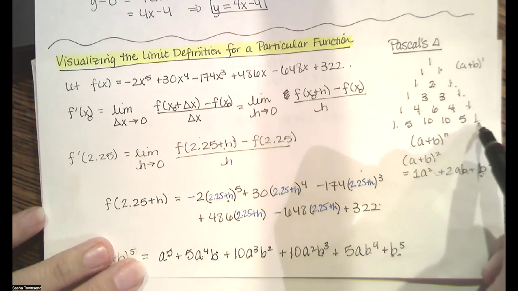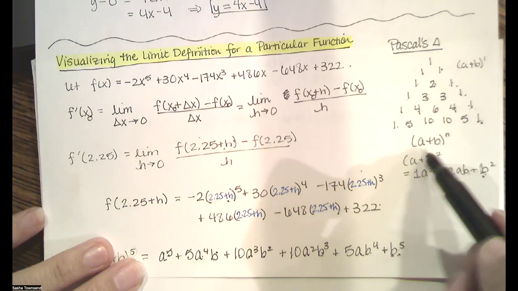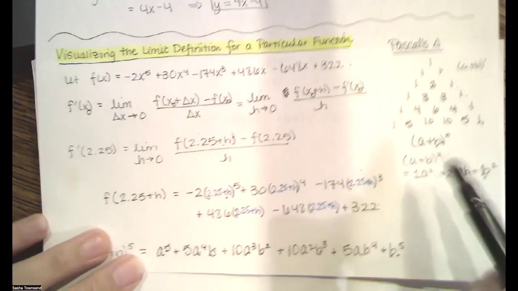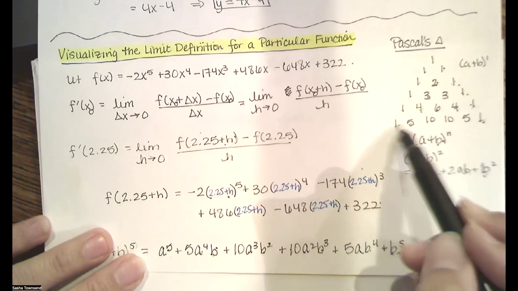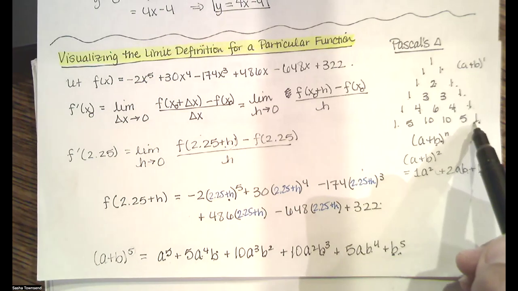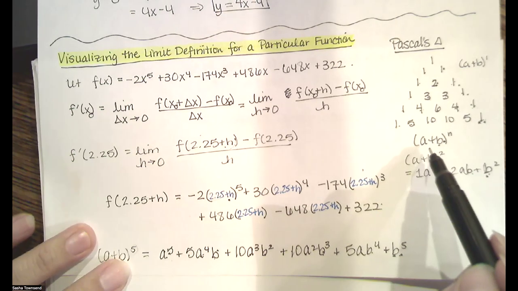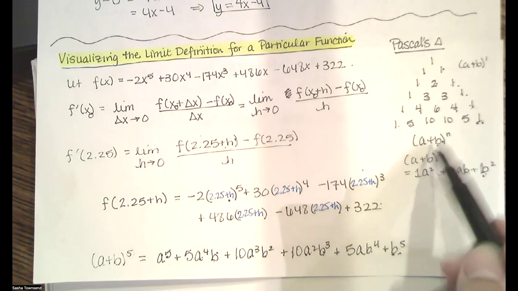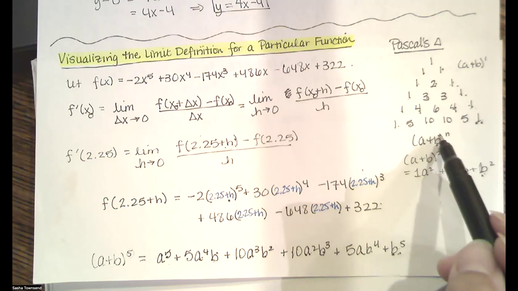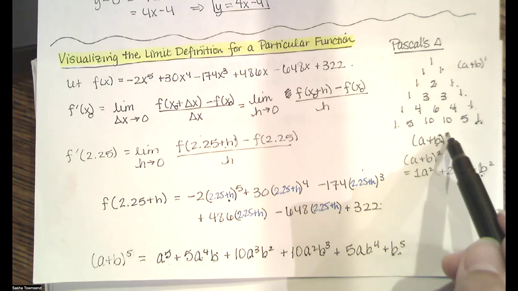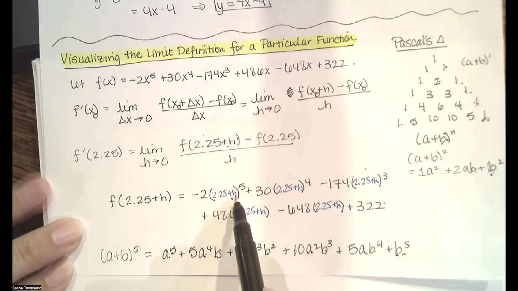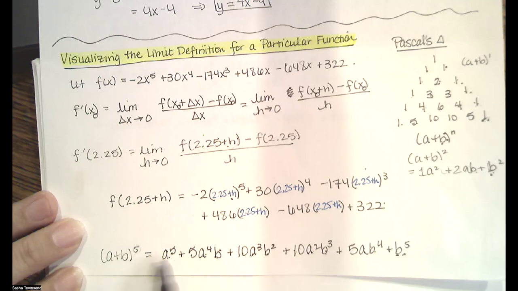Now, these are the coefficients of a plus b raised to the n power. Those coefficients multiply two factors, which is a to some power times b to some power, and those powers add together to give us that exponent right there. So if I'm looking at a plus b to the fifth, which is what I'll be evaluating right here, basically my first term just has an a to the fifth times b to the 0.